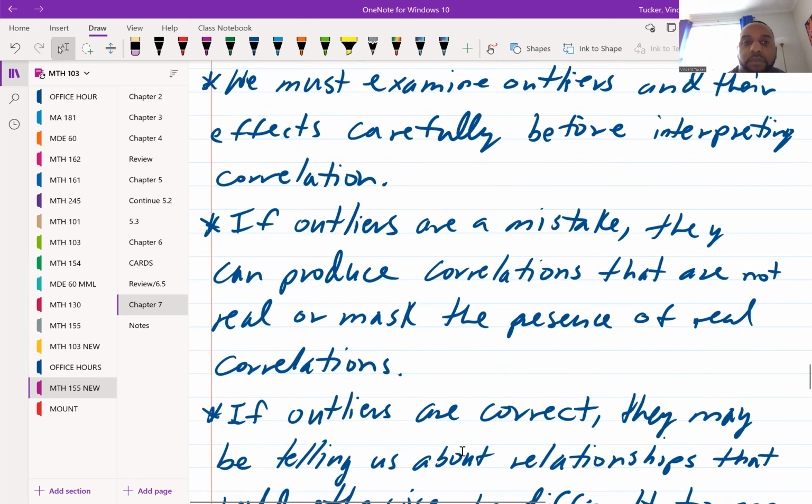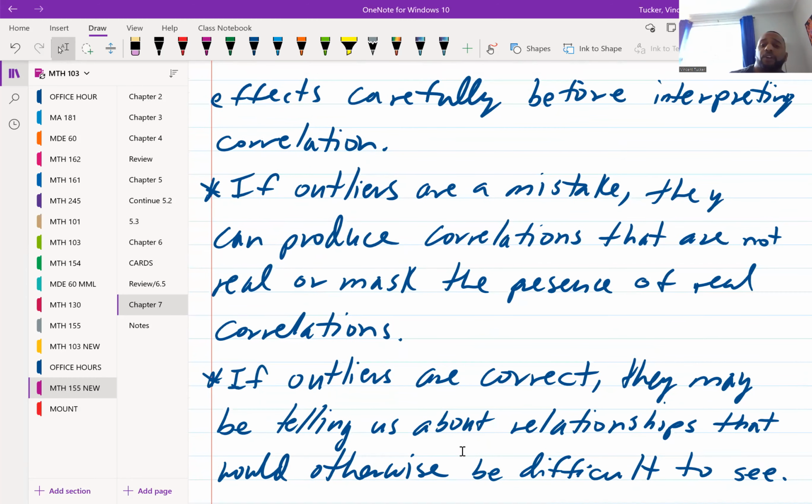If outliers are correct, they may be telling us about relationships that would otherwise be difficult to see. And once again, that's because since they're extreme values, they can change your correlation coefficient.